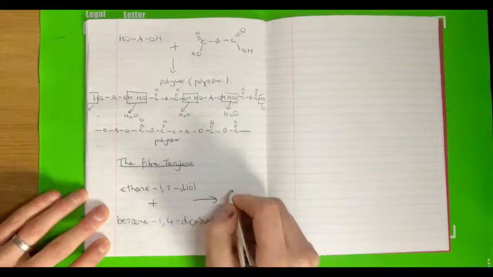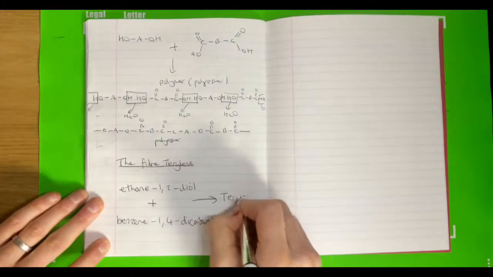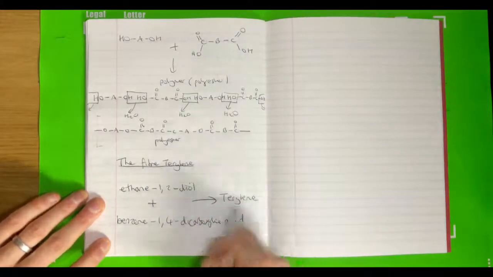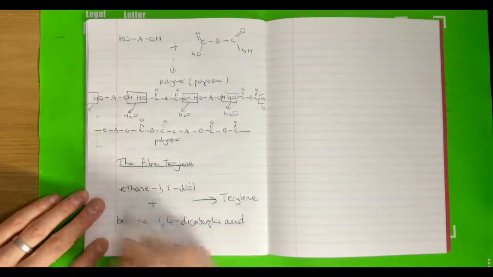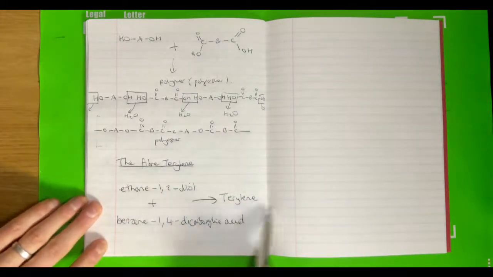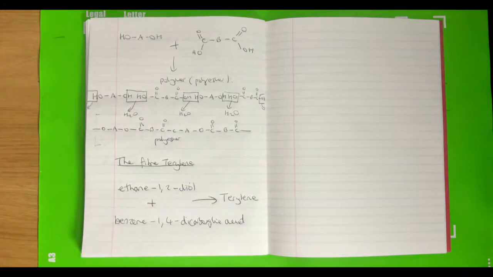And that makes terylene. The reason why we call it terylene and not the full proper name is because this is actually trademarked, okay? A bit like Kevlar, for example. That's also trademarked, and I think nylon is as well, or it was.